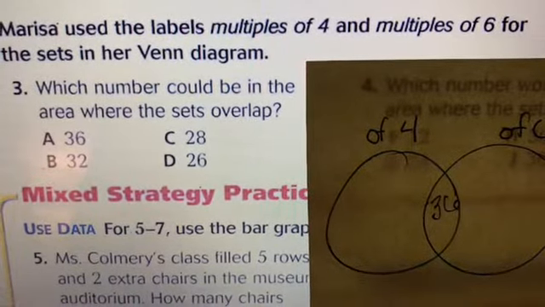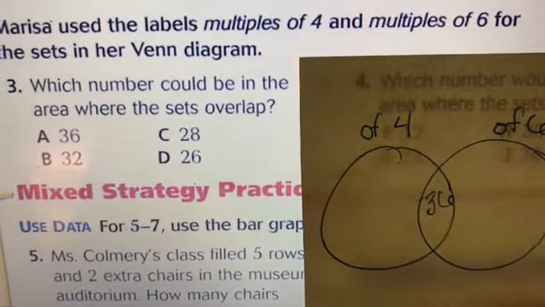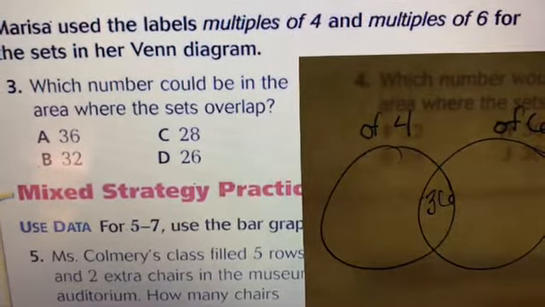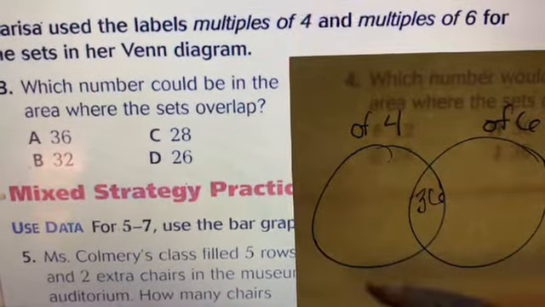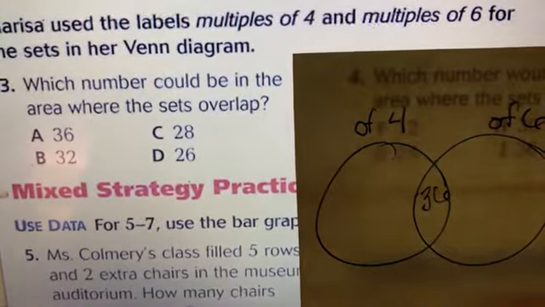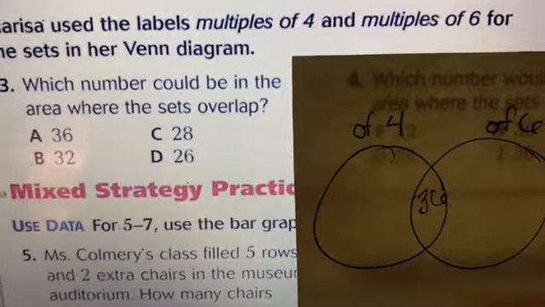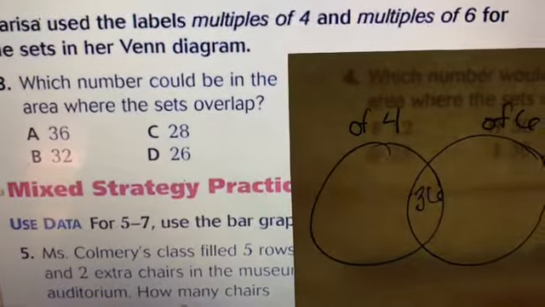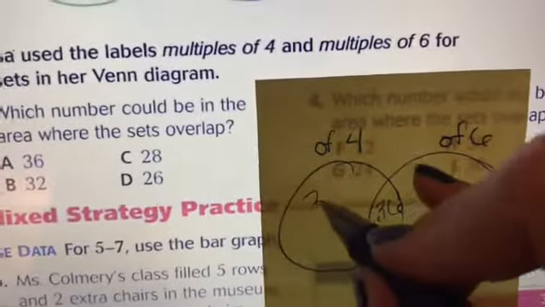Letter B has number 32. I already said that 4 times 8 is 32, so we know that it's a multiple of 4. Does 6 go into 32? I don't think so. I know 6 times 5 is 30, and 6 times 6 is 36, so it's too big. So 32 only belongs to 4.